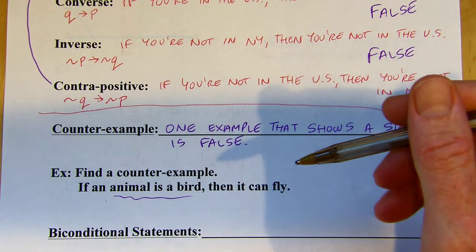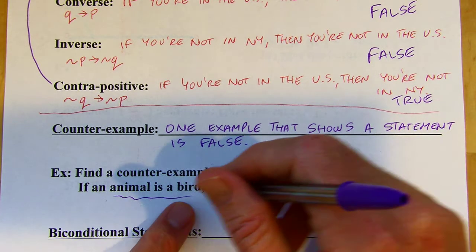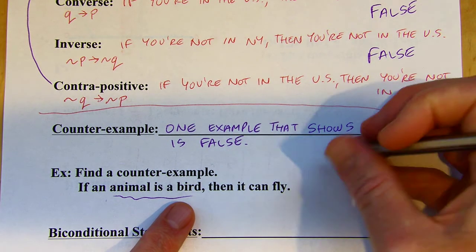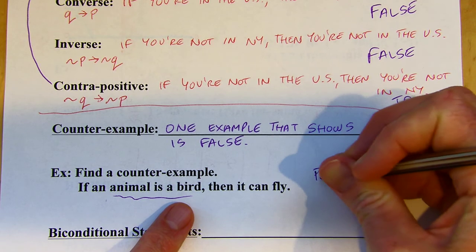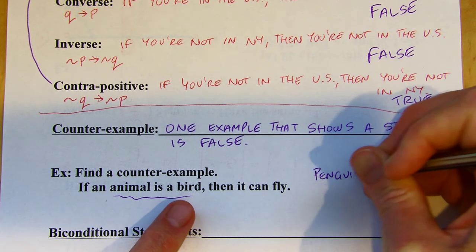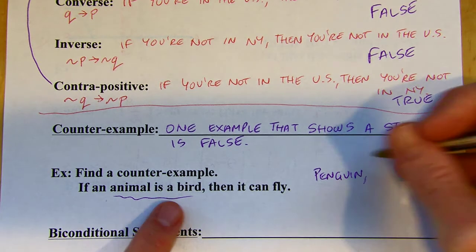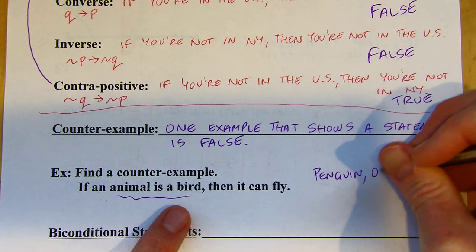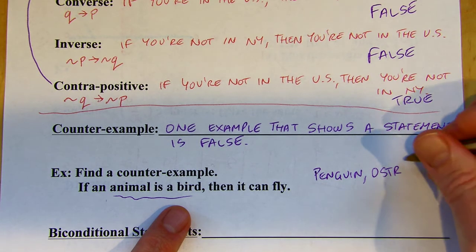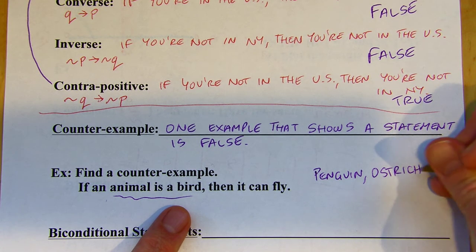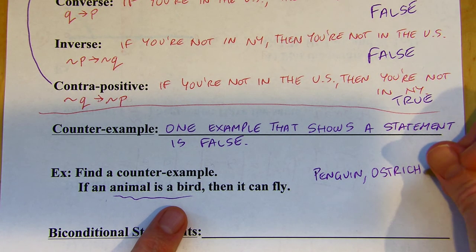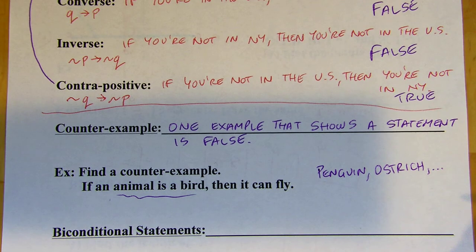I got that mixed up. Okay, so I want to think of birds that can't fly. So there's a few of them. A penguin is one example, and it only asks for one, but you could say ostrich is another one. I think chicken and turkeys are debatable because they could fly a little bit, but there are other examples out there, like kiwi is another one, or an emu. Okay.